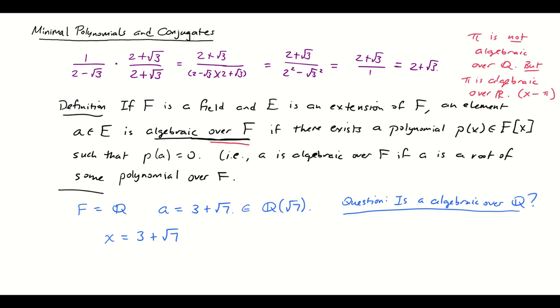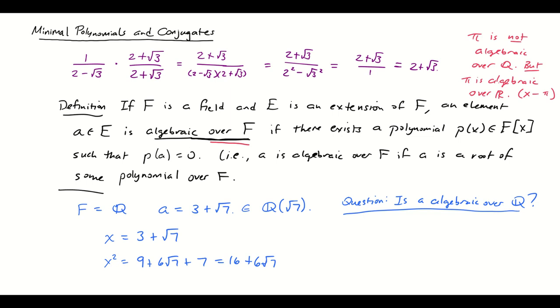So I'm going to work backwards: what if x was equal to 3 plus root 7? Could I manufacture other relations from that that would give us a polynomial relation involving x in which 3 plus root 7 is a root? One thing I could do is square both sides. That would give me another relation. I get 9 plus 6 root 7, and then root 7 squared is 7, so I get 16 plus 6 root 7.